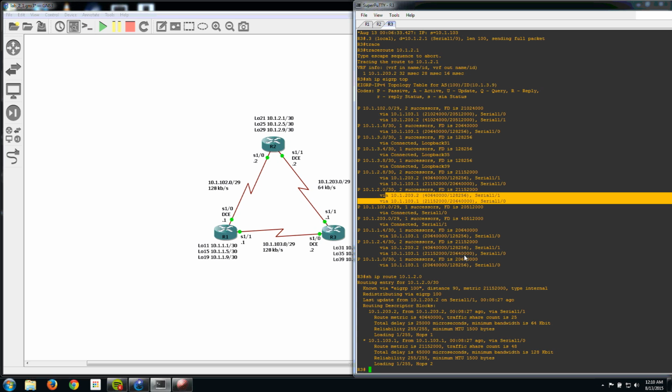Guess what we could do is, while we're pinging, let's do 1,000. I want to try shutting this port down on router 2.